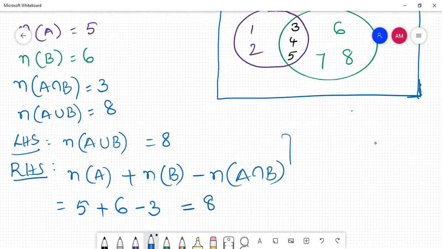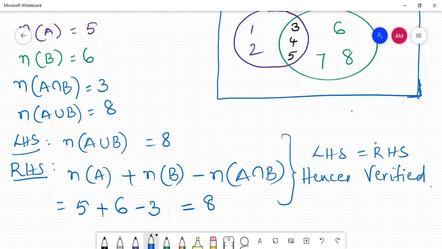From these two, what we can say? Left hand side is equal to right hand side. Hence verified. What we have verified?